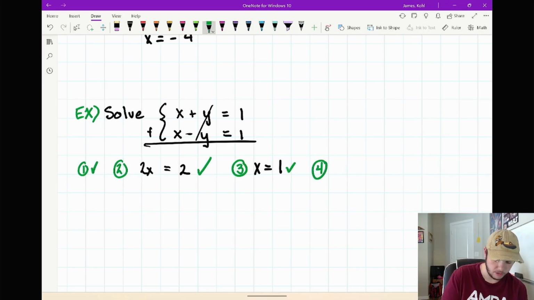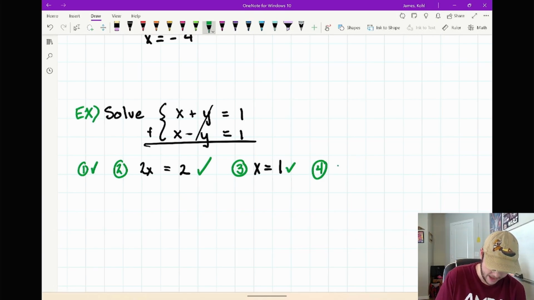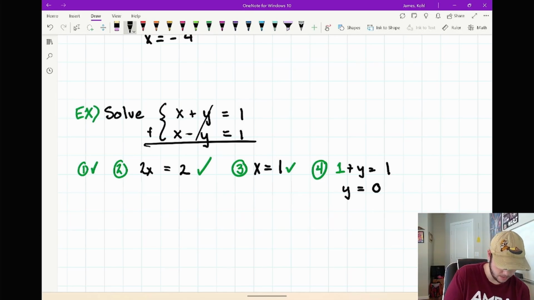And then step 4 would be to use that to find y. Using that top equation, I get that x, which I found to be 1, plus y is 1. Subtracting 1 from both sides tells me y is 0. So the solution is 1, 0.